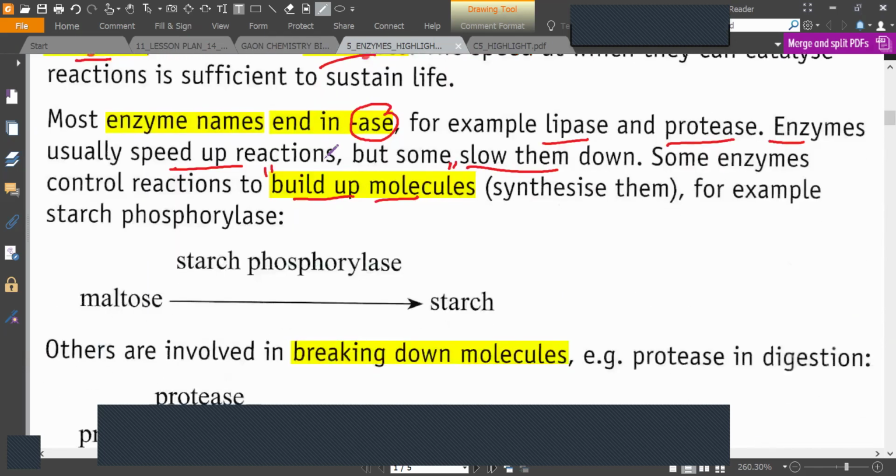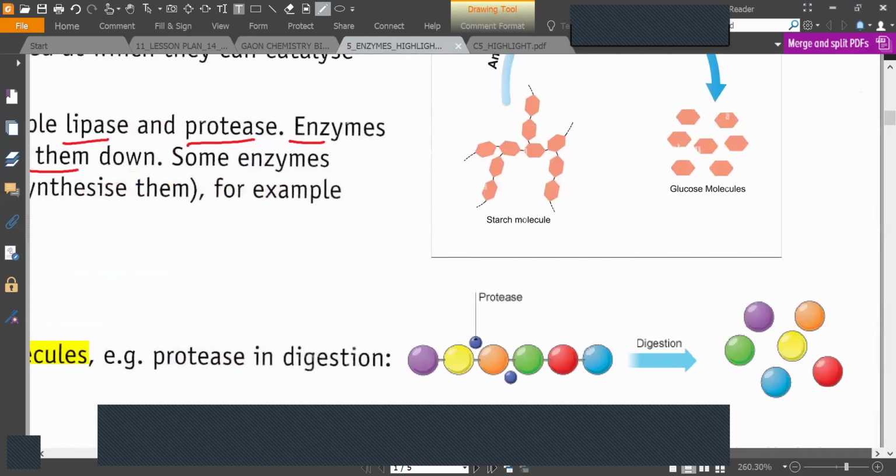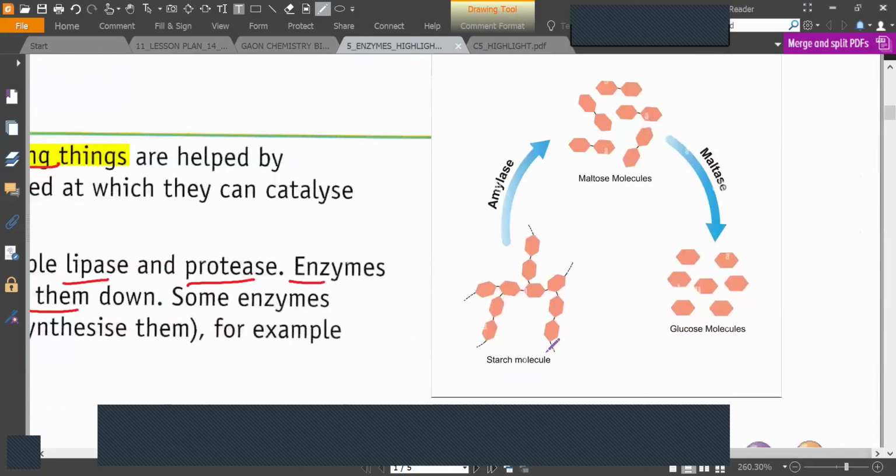Example, starch phosphorylase. We use starch phosphorylase to join maltose together to turn it into starch. So we can see how it happens. This is the maltose molecule, made out of two glucose.